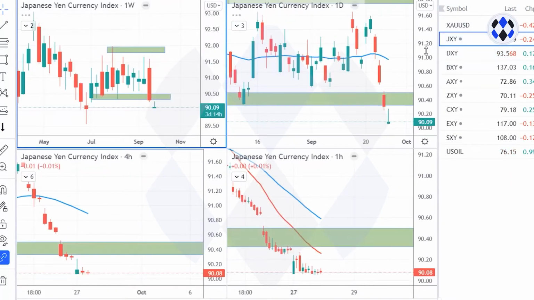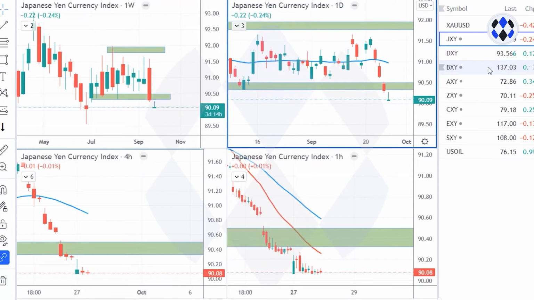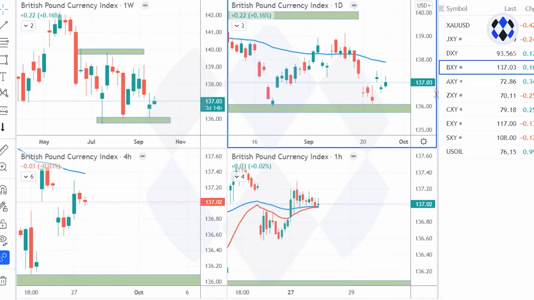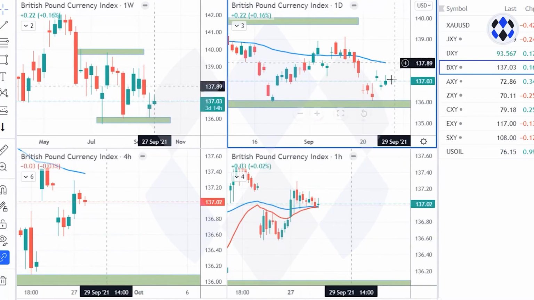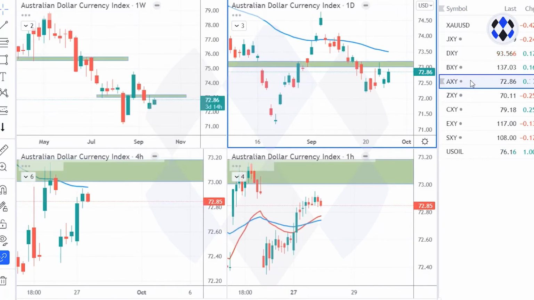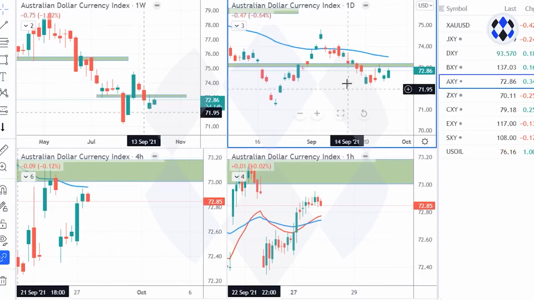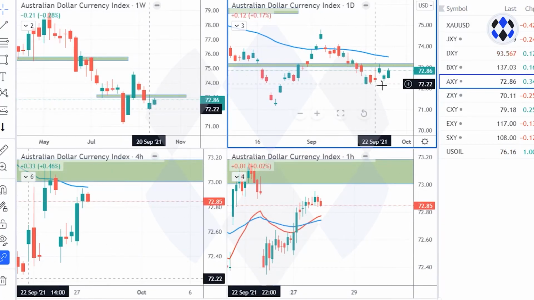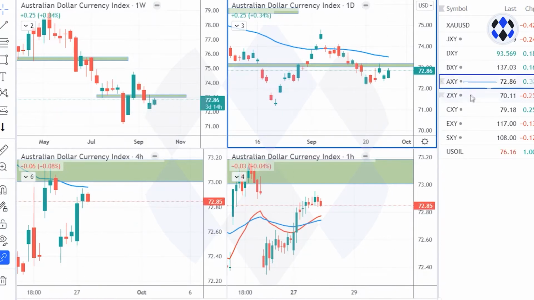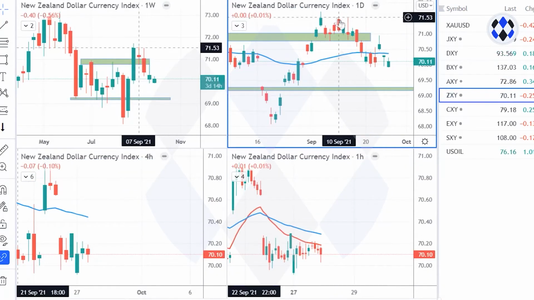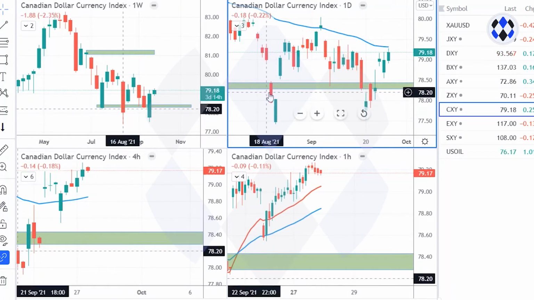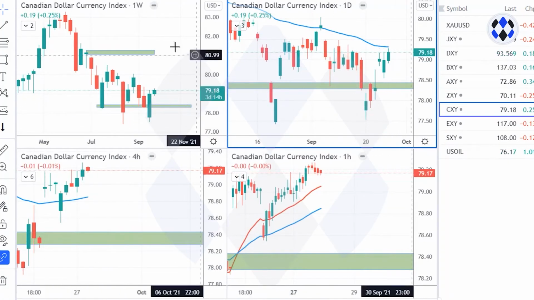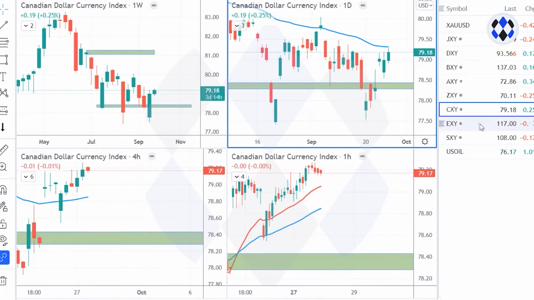Also looking here, the yen is dropping quite dramatically actually. We can see the pound has been dropping, but it has found a bit of resistance down here, so I am actually mostly to the upside in the pound. We have the Australian dollar, which has been dropping as well, but might be forming a new higher low here. We have the New Zealand dollar, which is going down as we saw. We have the Canadian dollar, which has found some bottoming here and is moving upwards, might be moving up quite a lot.